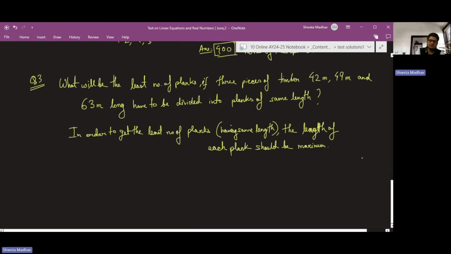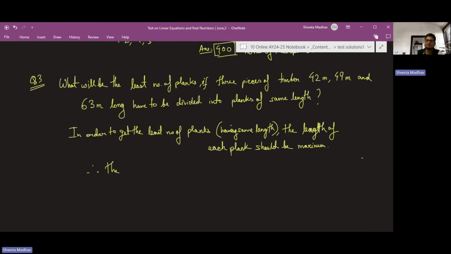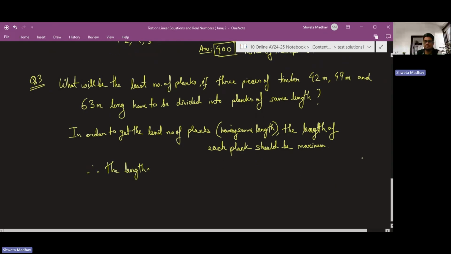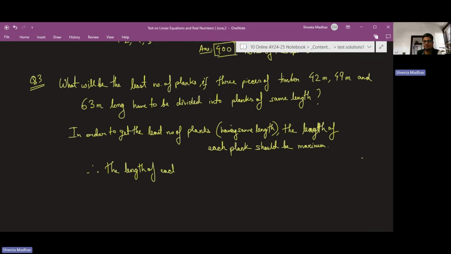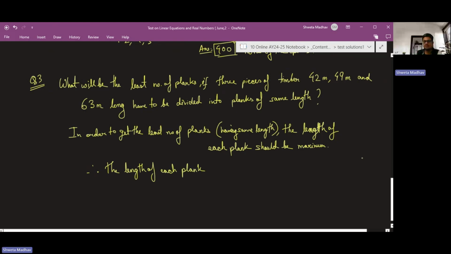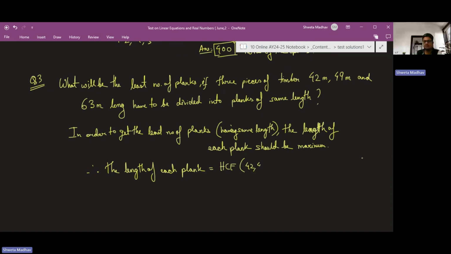Therefore, the length of each plank should be the HCF, the highest common factor of 42, 49, and 63.